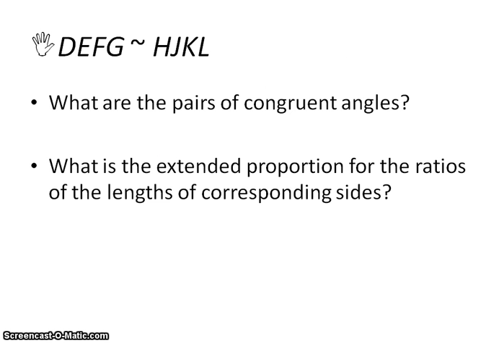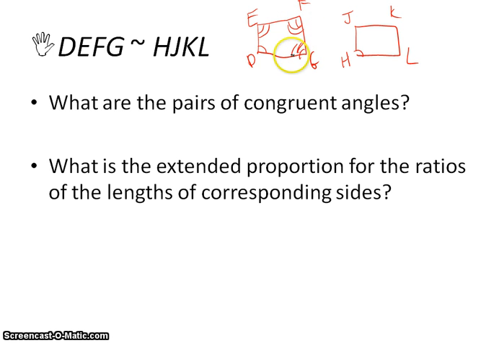Alright, so let's say we have a quadrilateral, and this one is D, E, F, G, and this one is H, J, K, L. Once again, the angles have to match up. 1, 2, 1, 2, 3, 1, 2, 3, 4.